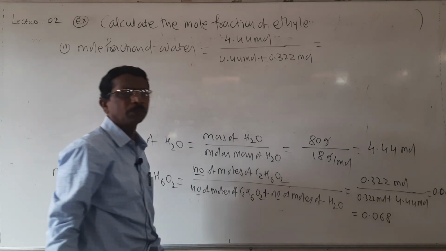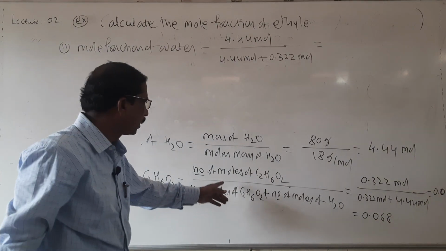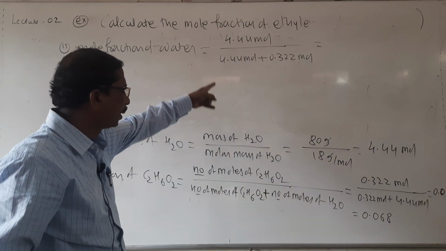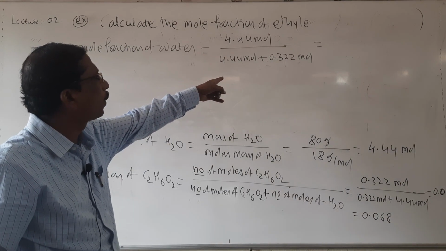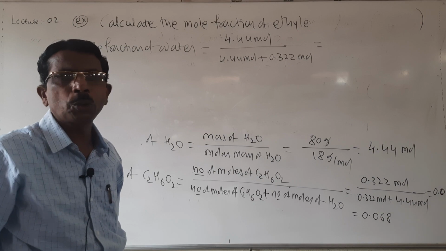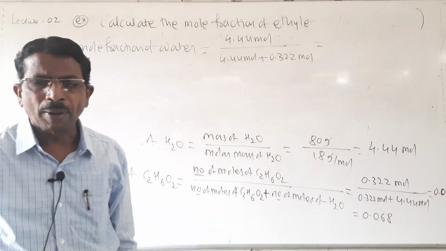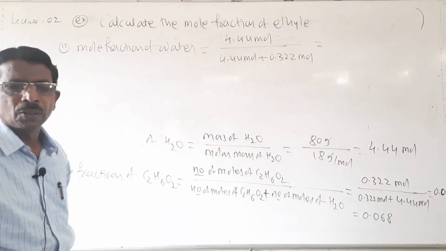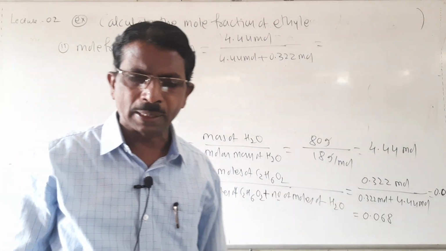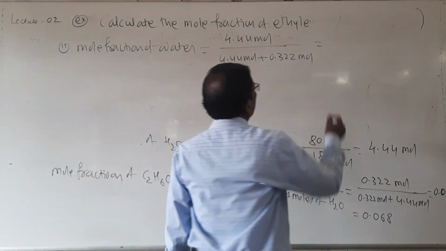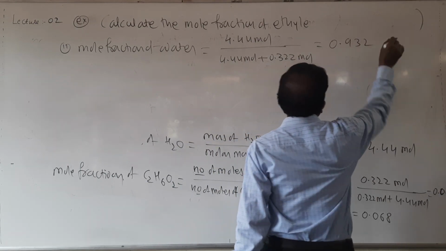So what is the value here? Look here, you will get near about 0.068 for ethylene glycol, and here you will get 0.932.